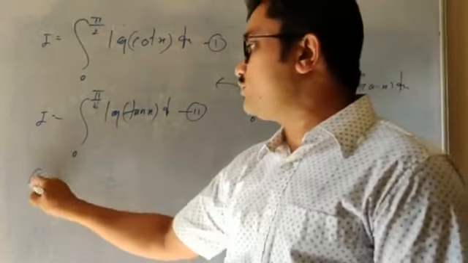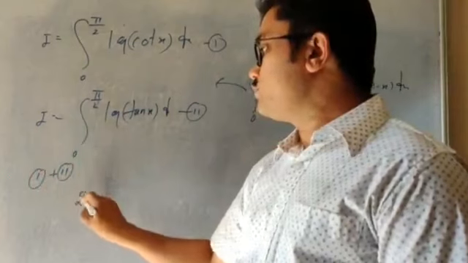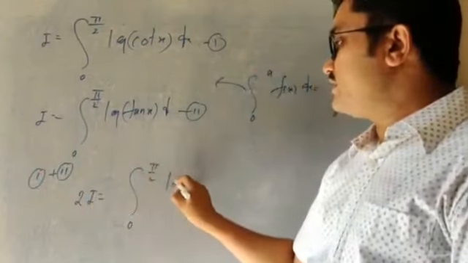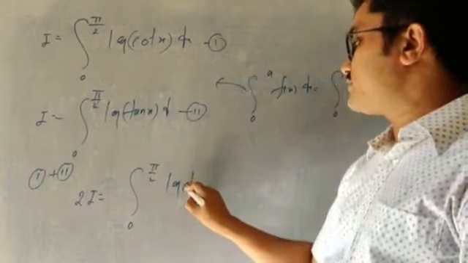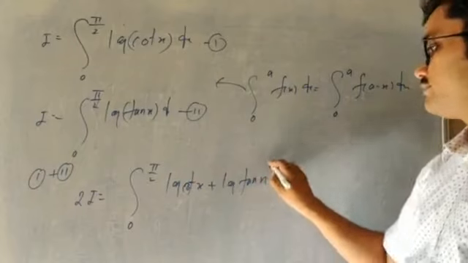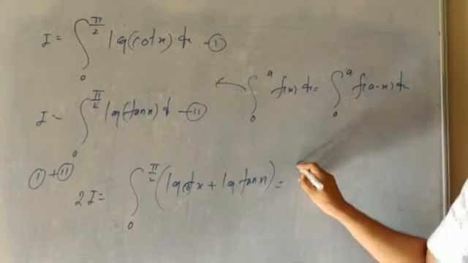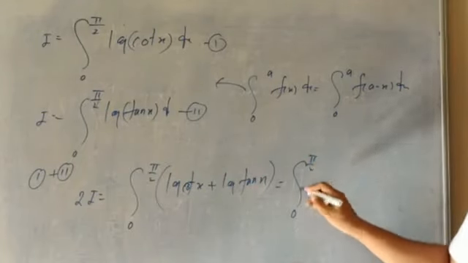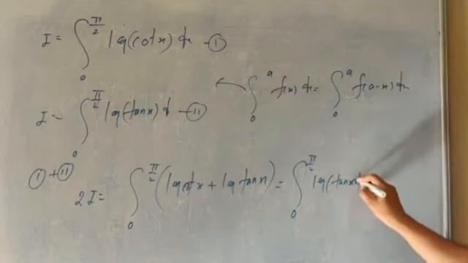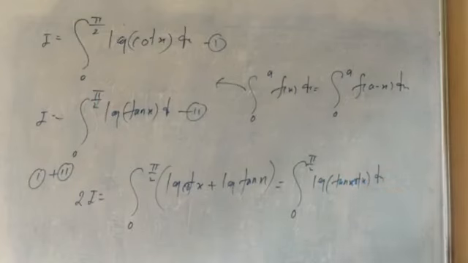This is equation 2. If you add these two, 1 plus 2 gives you 2I equal to integration 0 to pi by 2 of log of cot x plus log of tan x. This can be written as integration 0 to pi by 2 of log of tan x into cot x, using the properties of logarithm.